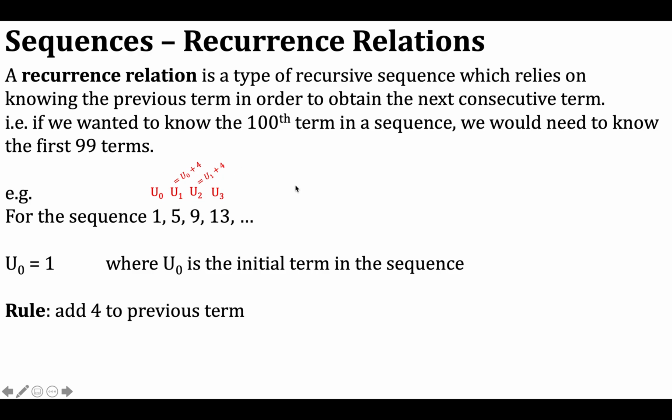Likewise for u3, that's the same as u2 plus 4. That's 9 plus 4 to give us the 13. So we can define a recurrence relation here. It's un plus 1, which basically just means the next term in the sequence is equal to the previous term in the sequence plus 4.